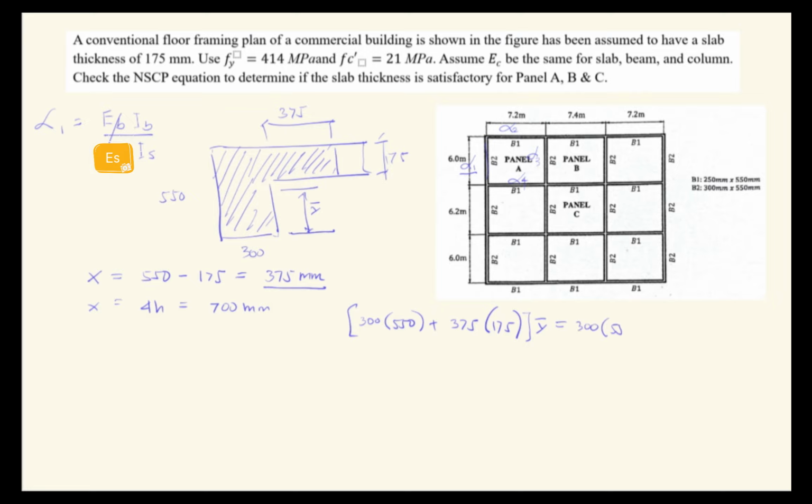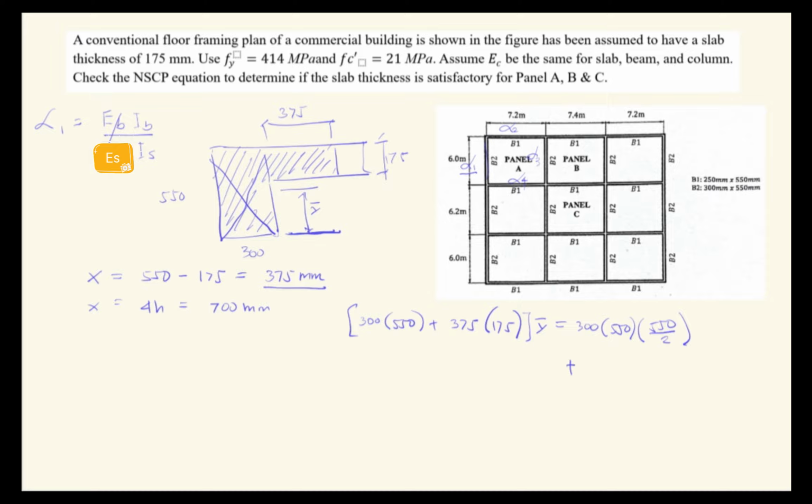300 by 550 multiplied by, from the reference, the centroid of this area is located in the y direction, located 550 divided by 2.